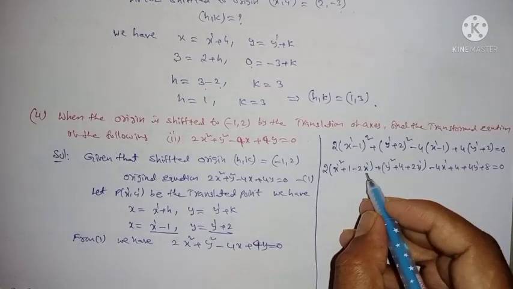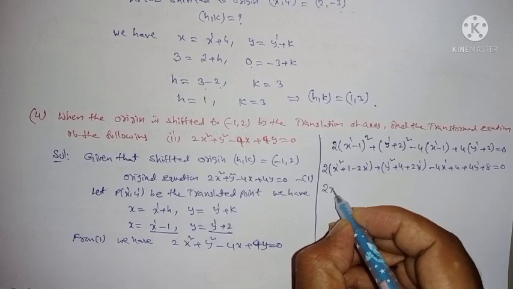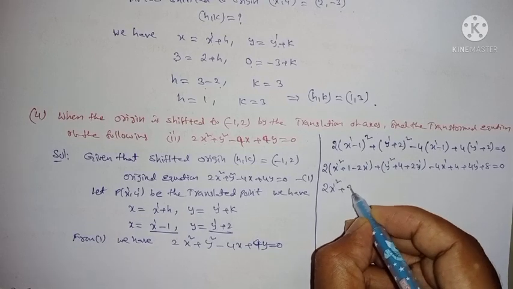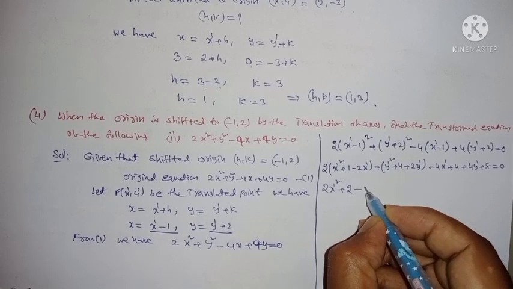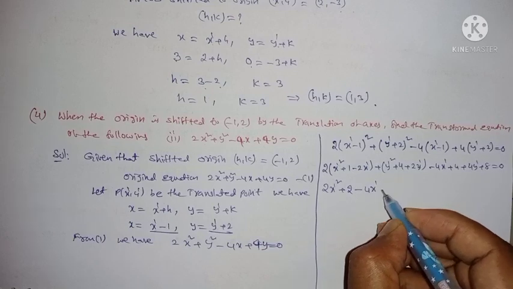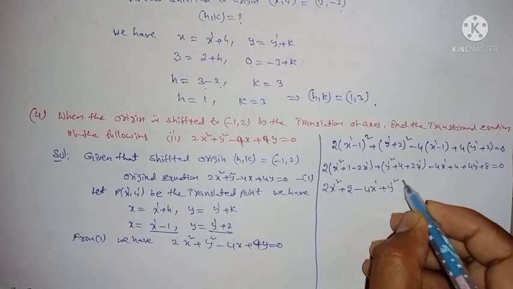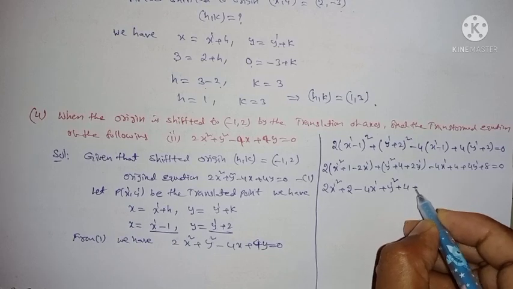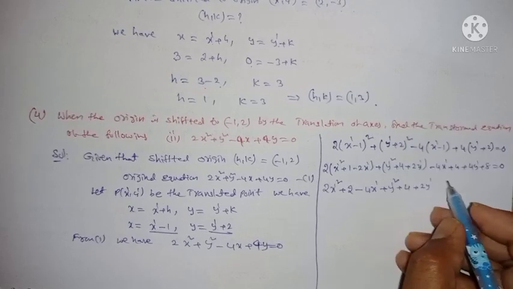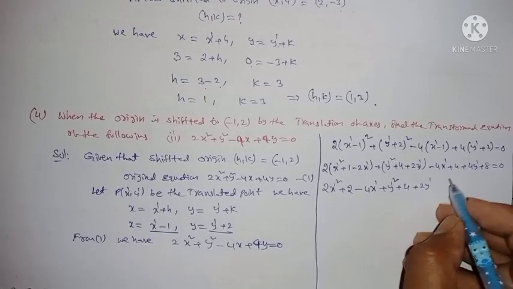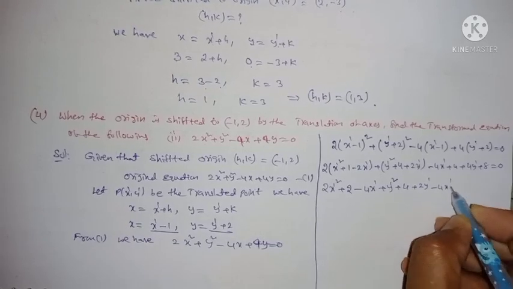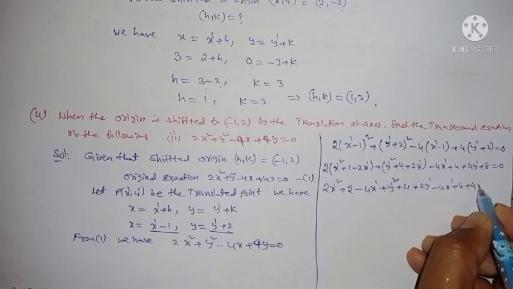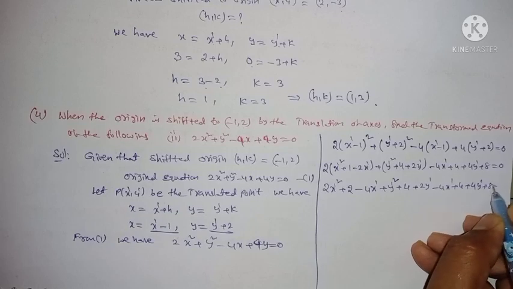You can multiply: 2x'² + 2 − 4x' plus y'² + 4 + 4y' − 4x' + 4 + 4y' + 8 is equal to 0.